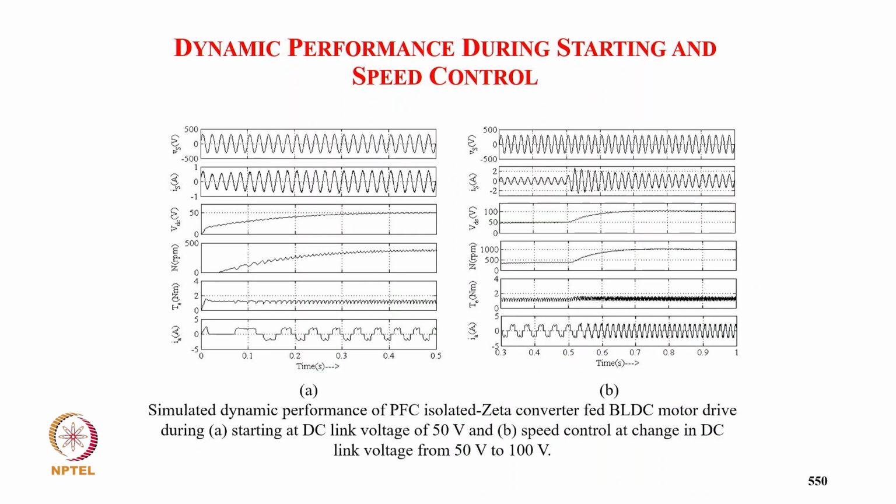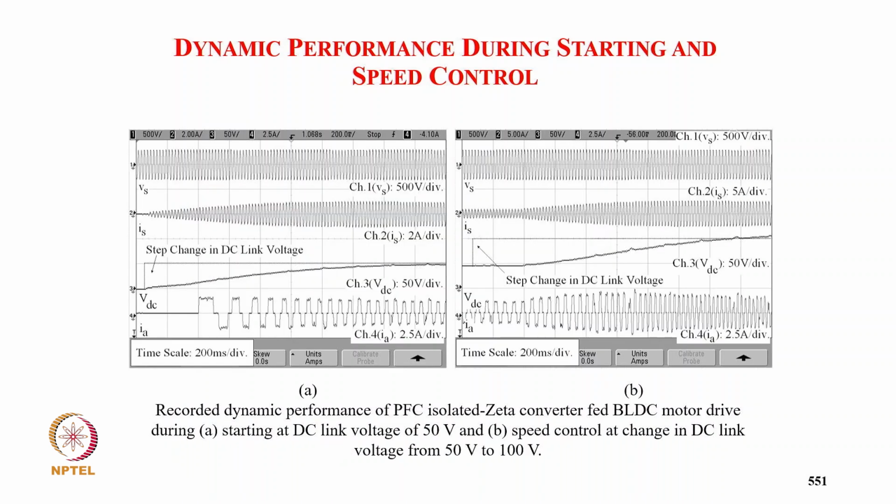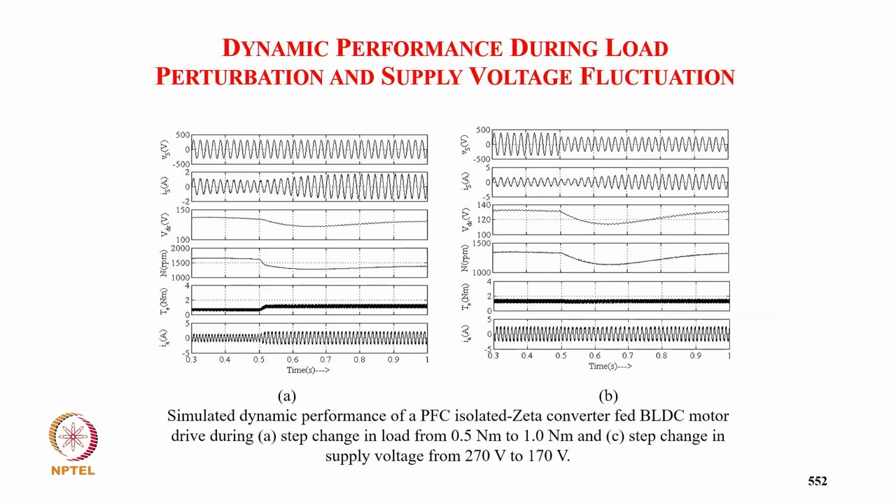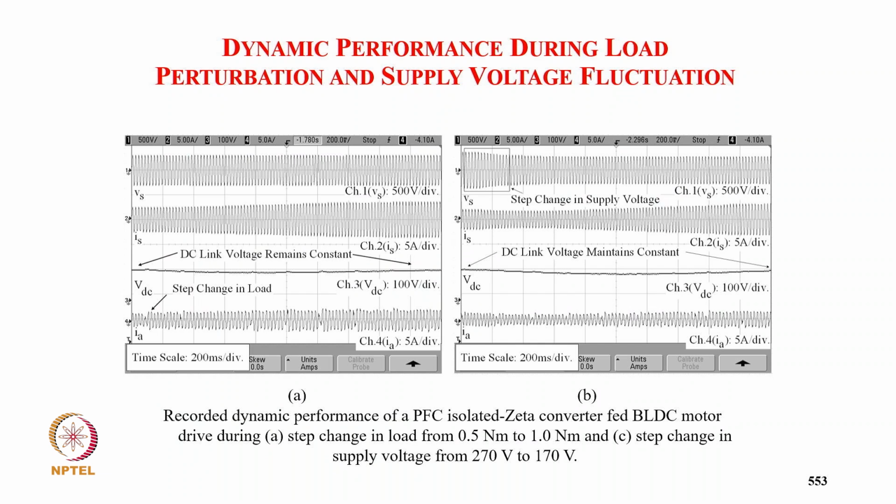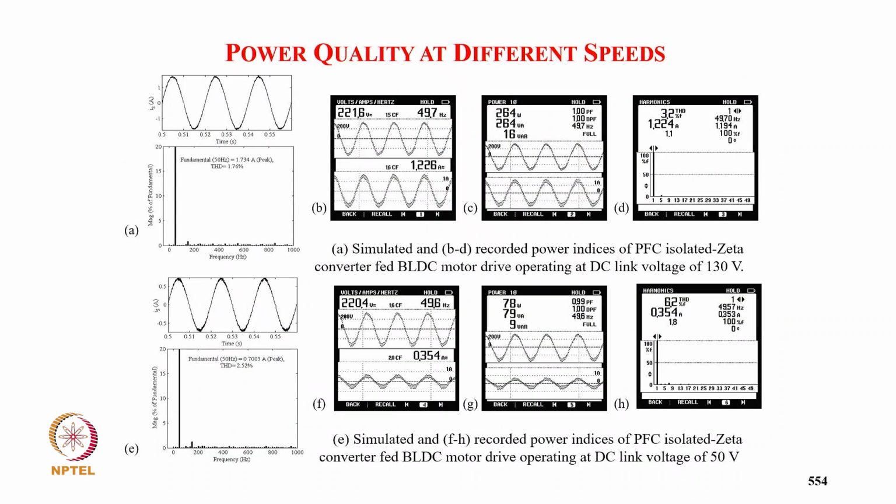Then the starting performance at 50 volt DC link, and the DC link voltage control, the experimental waveform for this starting and DC link voltage control, and your load change from 0.5 Newton meter to 1 Newton meter, and supply voltage change from 270 to 170 volt.